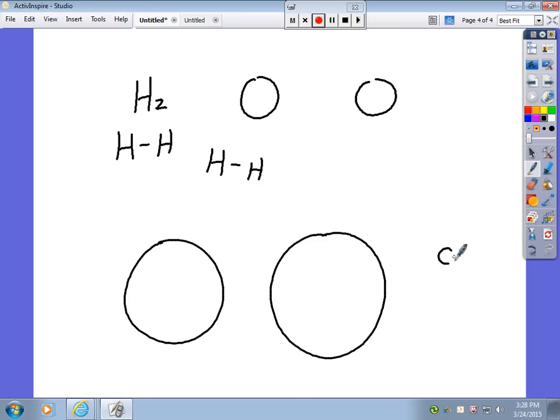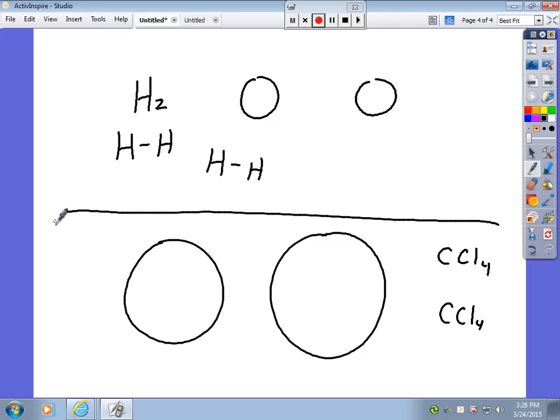I think you'd agree with me that CCl4 is a lot bigger molecule than hydrogen is. So what's true? If they're nonpolar, right? This is nonpolar covalent, this is nonpolar covalent, big sample of hydrogen. Nonpolar covalent, nonpolar covalent, big sample of carbon tetrachloride. Which one has a bigger attractive force? I would say this one hands down.